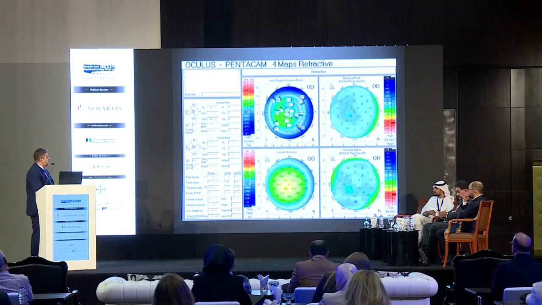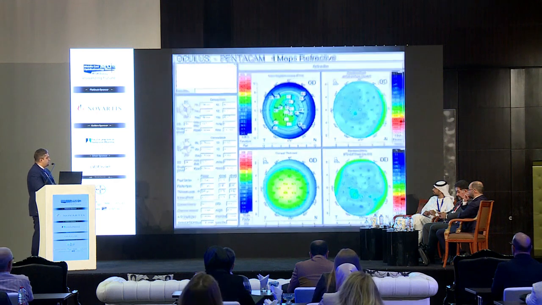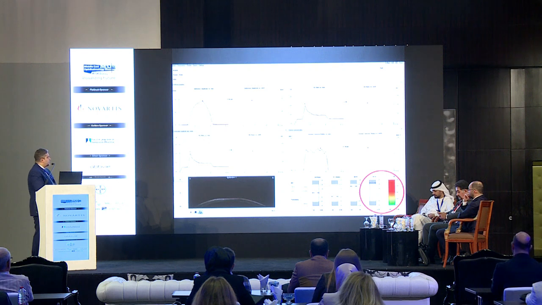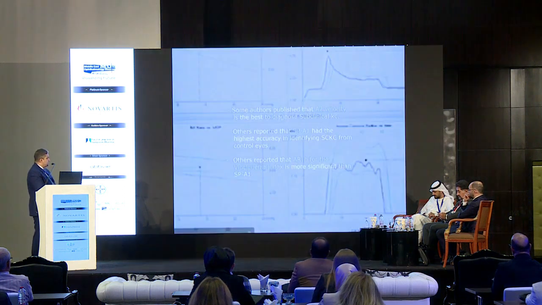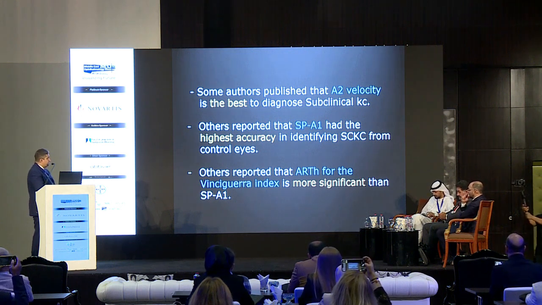And now we can find this is a normal Pentacam 4 map refractive with the Ambrosio curve looking normal, but with the corneal biomechanical index, it's about 0.1. This is a definite subclinical keratoconus. Some authors published that the A2 velocity is the best to diagnose subclinical keratoconus. I said we have a lot of things.